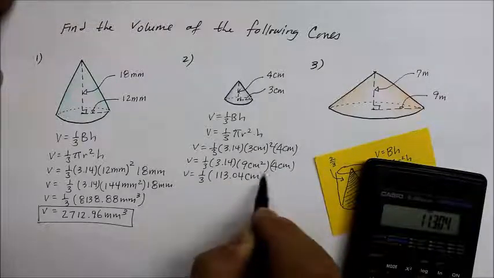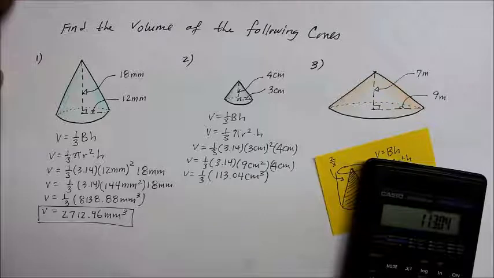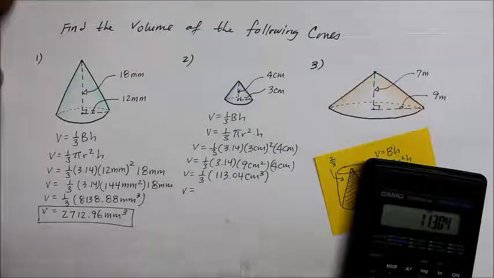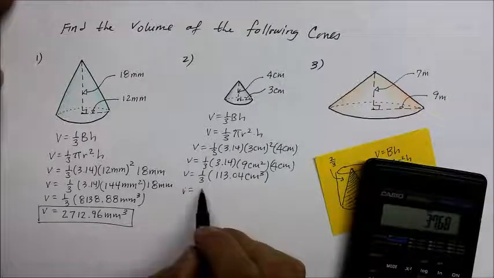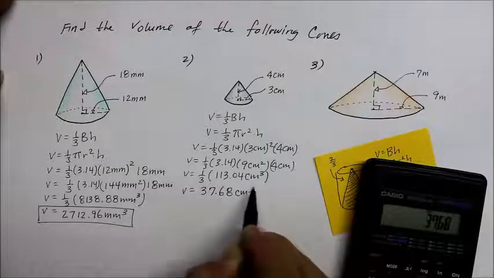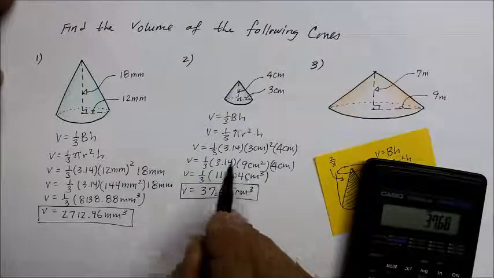How many total? 3. So it's cubed. And we're going to take 1/3 of that, multiply by 1/3, or divide by 3. I get 37.68 centimeter cubed. That's the total volume of that cone.